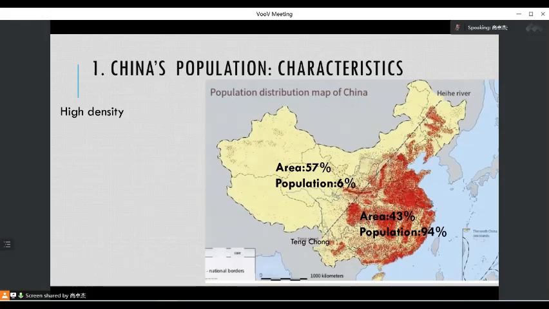If you draw a straight line from Heihe city to Tengchong, you can see the high density is because many people live in this area. And few people live in this area because the environment is not good for living.